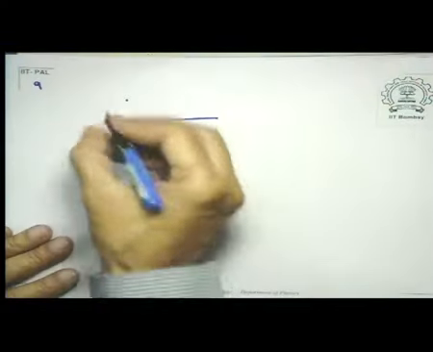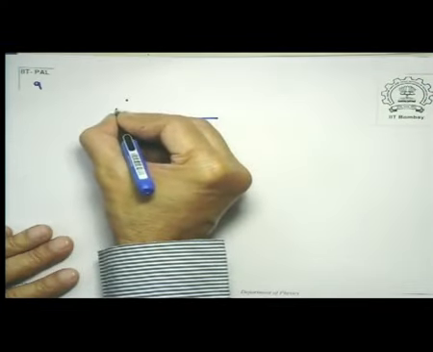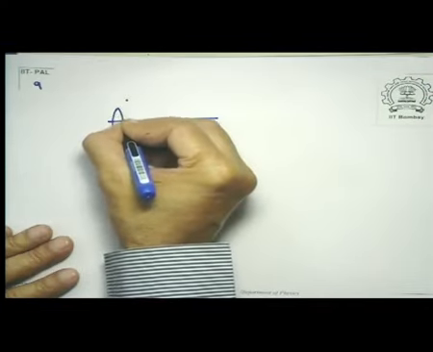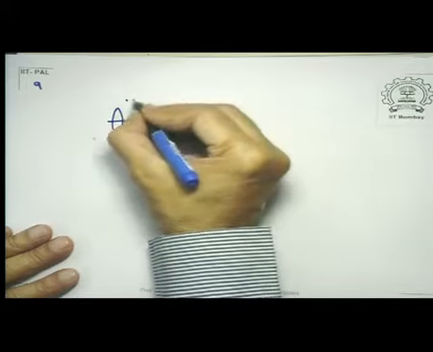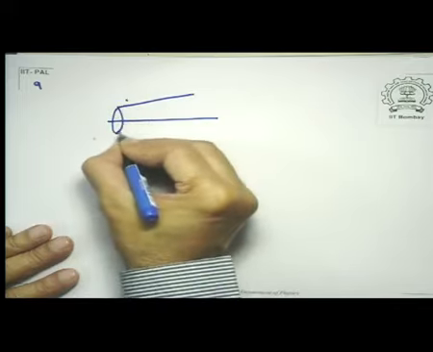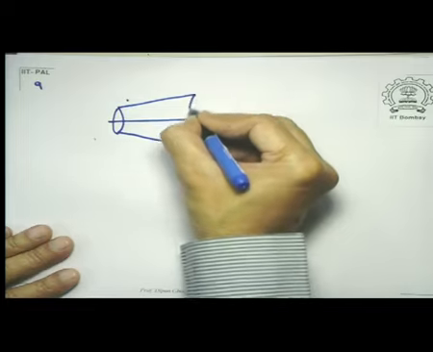Let us look at a resistor which has this shape. There is a conical shaped resistor.